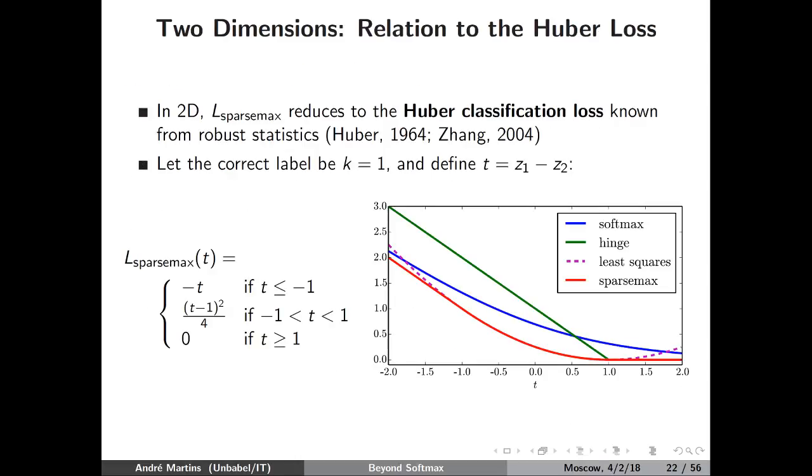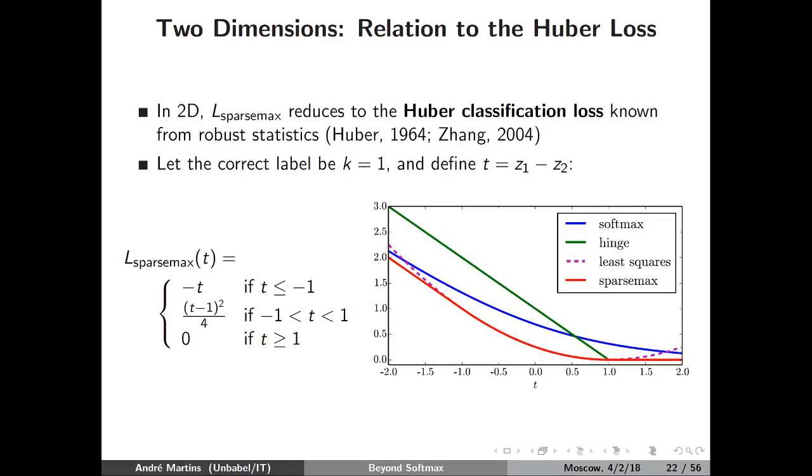In 2D, the Sparsemax loss reduces to something people knew already, called the Huber classification loss. The Huber loss is more used in regression, for robust regression problems where you don't want to penalize outliers too much. But there's also a version of the Huber loss for classification, which is this red line here.